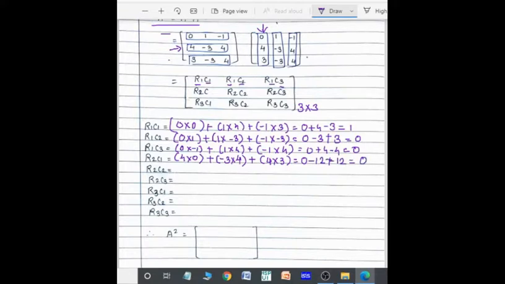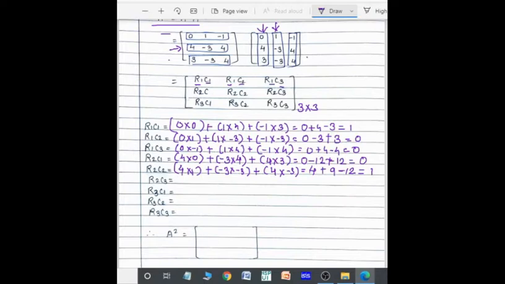For R2C2, take the second row of the first matrix and the second column of the second matrix. So 4 into 1 plus minus 3 into minus 3 plus 4 into minus 3. Let us solve this: 4 plus 9 minus 12. 4 plus 9 is 13, minus 12 is 1.